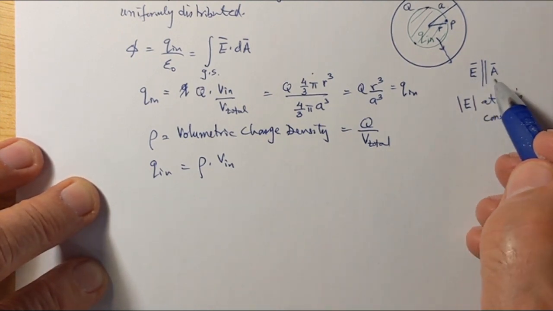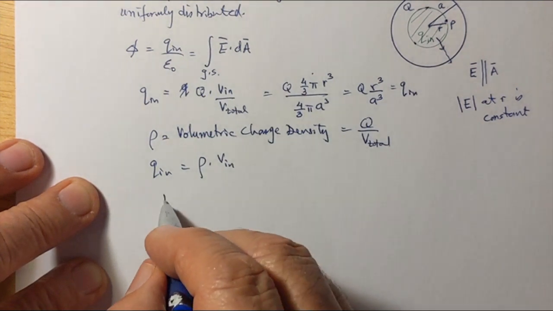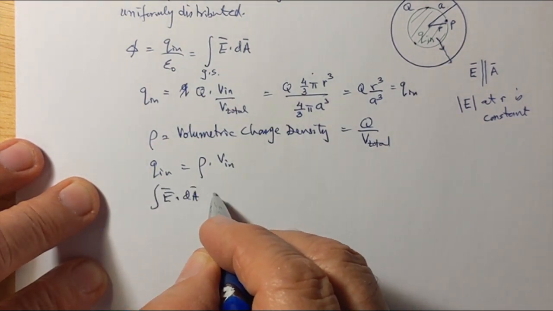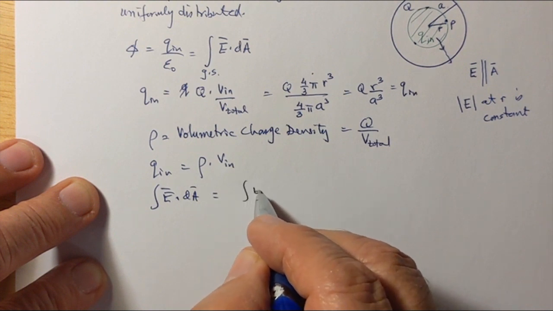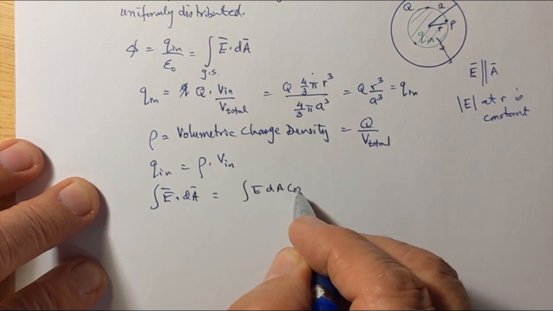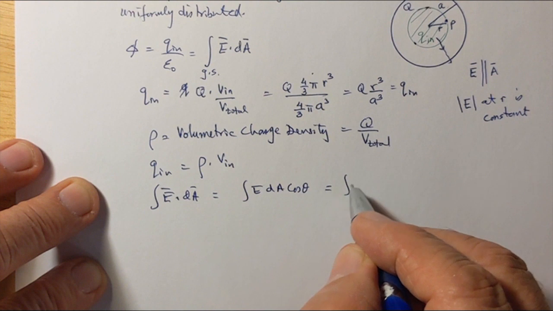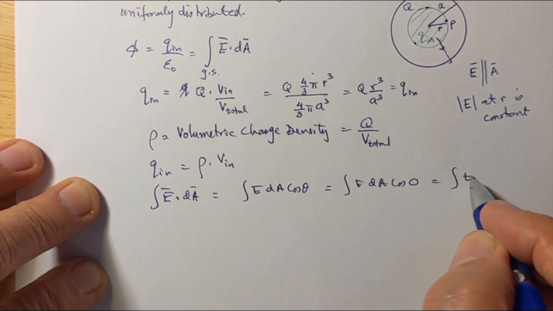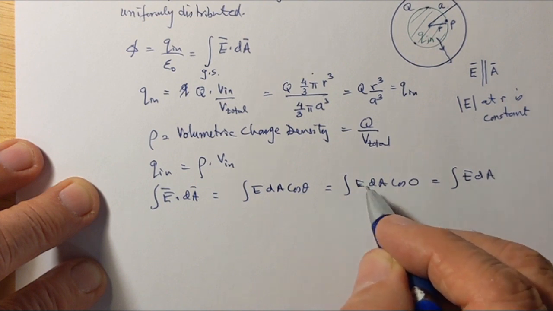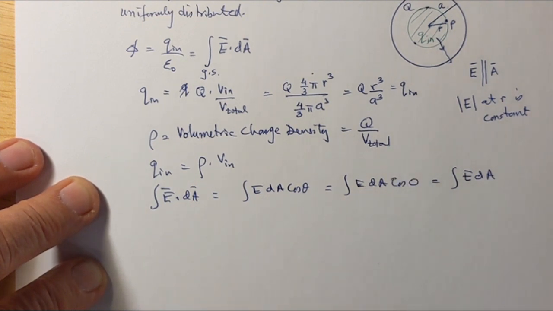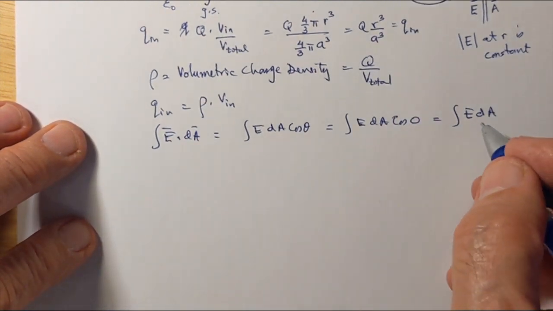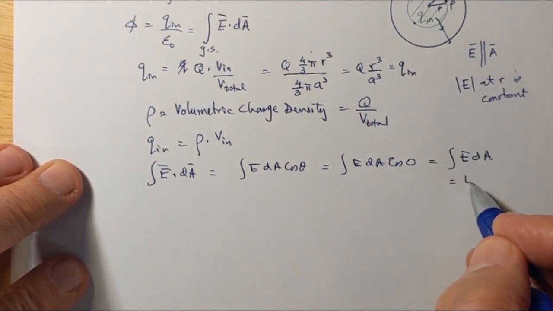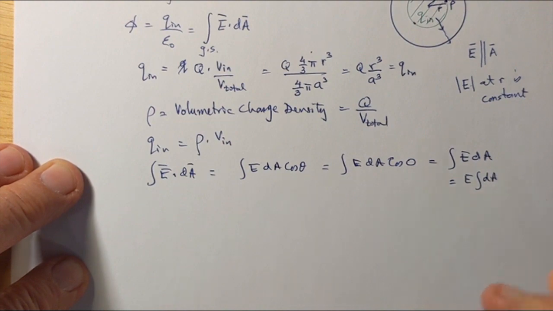Now because they are parallel, E dot dA becomes E dA cos theta, and theta is 0, so E dA cosine 0 becomes E dA. And so we need not worry about the angles. And because E is constant, we can take it out. So this becomes E dA.